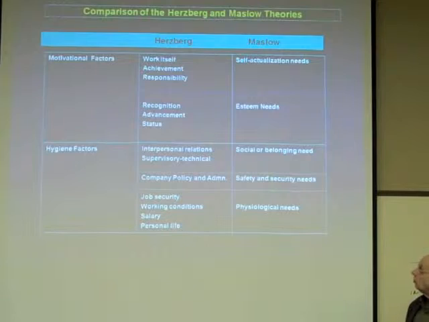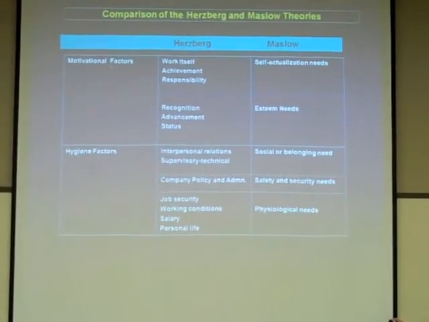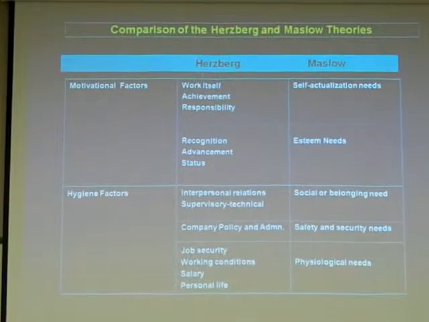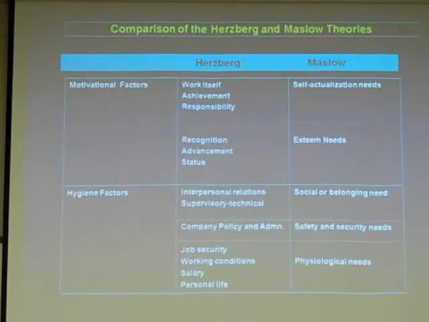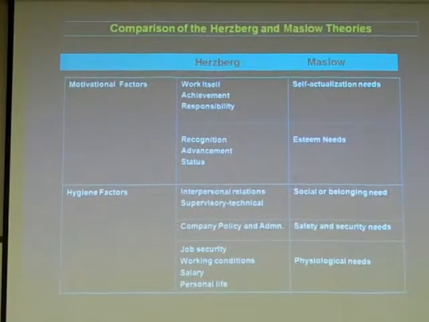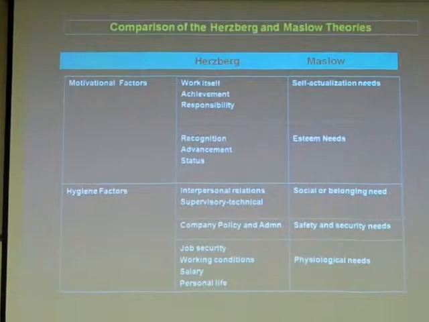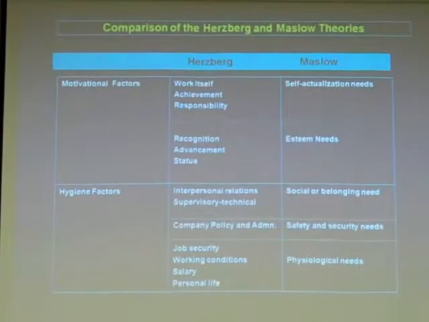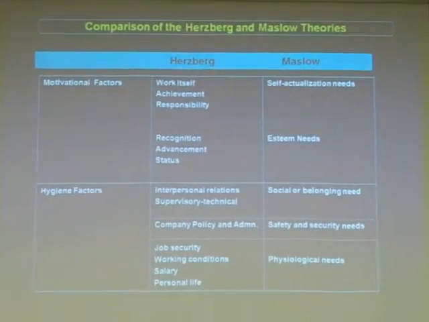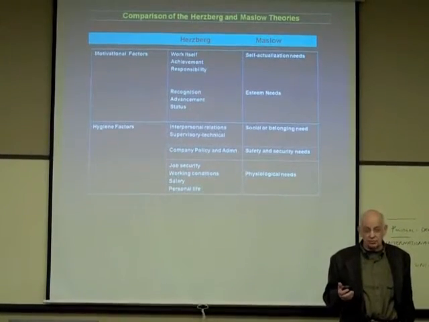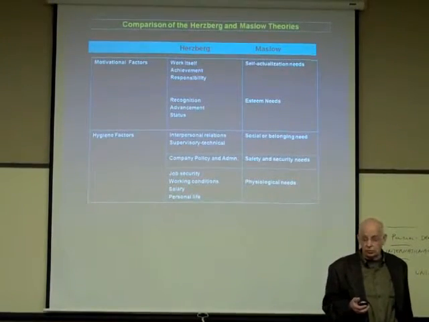We can see over here that Herzberg used motivational factors and hygiene factors and broke that down as we see it. And Maslow used self-actualization, esteem, belonging, safety, security, and physiological needs. To what extent do our supervisors, and do we, understand this and believe it to be true or not true?